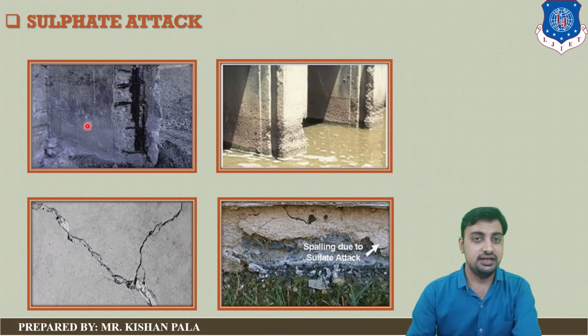In the next slide, you can see concrete mass affected by the sulphate attack. In the last photo, you can see swelling due to the sulphate attack. This is a pier attacked by sulphate, and these are cracks due to the sulphate attack.